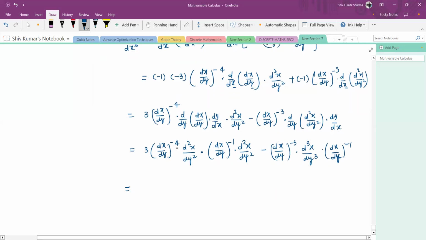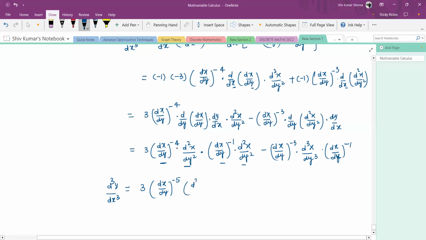So finally we write as d³y/dx³ is equal to 3. So here is power 4 and one power is this. So we write down the power of dx/dy is -5, and one power of d²x/dy² here, and one is this.